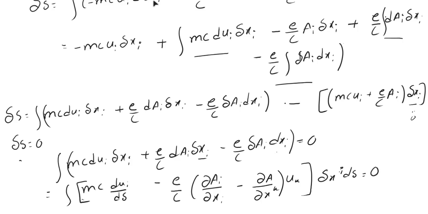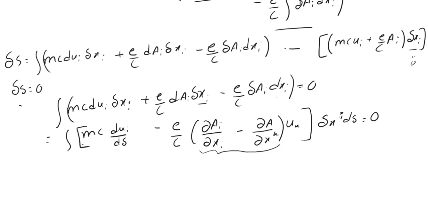Now if you see carefully, this is nothing but our electromagnetic field tensor. This thing over here is our F. To be precise, the correct thing is to write F_ik. This is our electromagnetic field tensor.